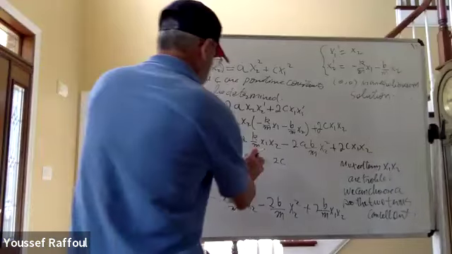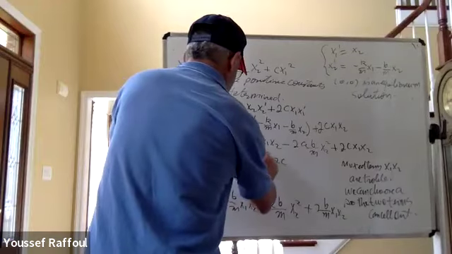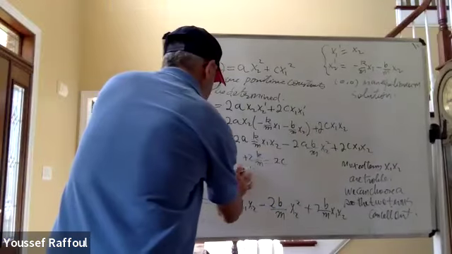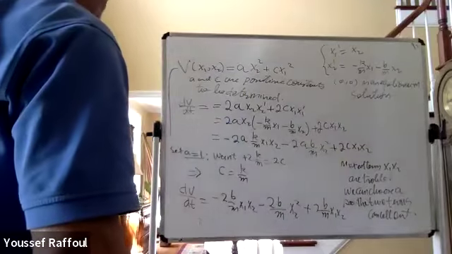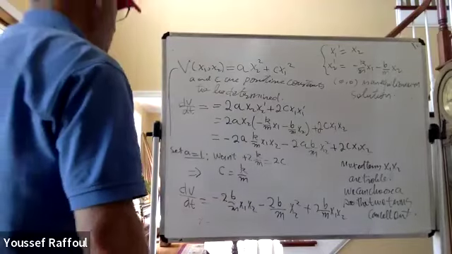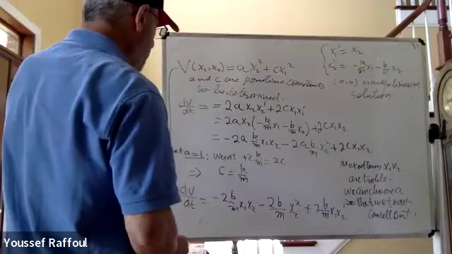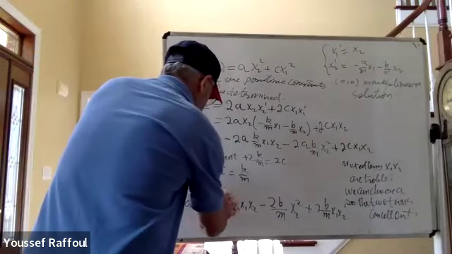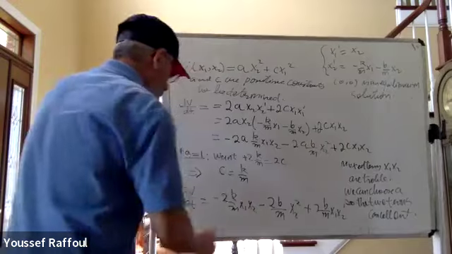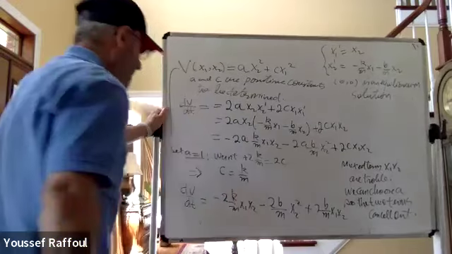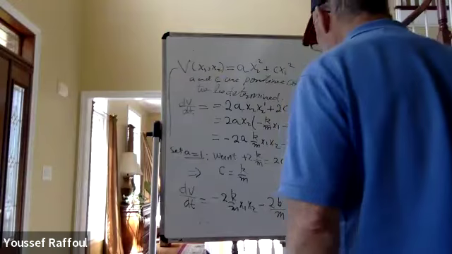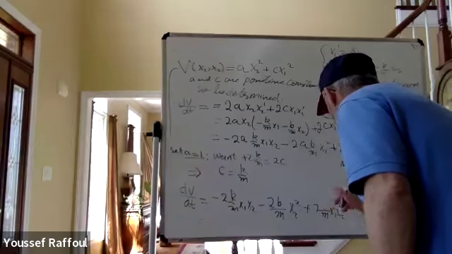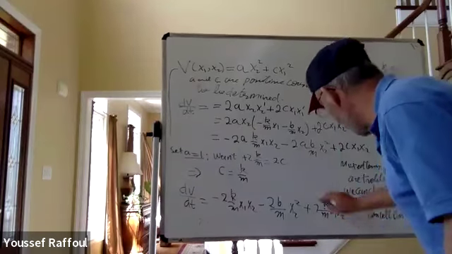So we want k over m. So dV over dt is minus 2k over m x1 x2 minus 2b over m x2 squared plus 2k over m x1 x2. Look at that.